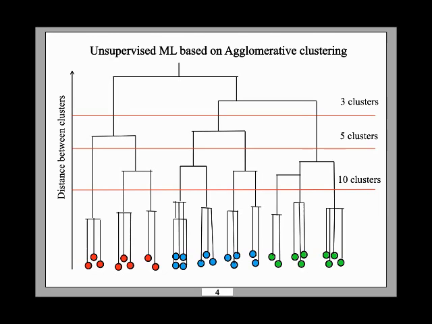Agglomerative is a hierarchical clustering model based on the bottom-up approach. Each sample element is initially represented as its own separate class, and as the distance between objects increases, the sample elements are combined into clusters.